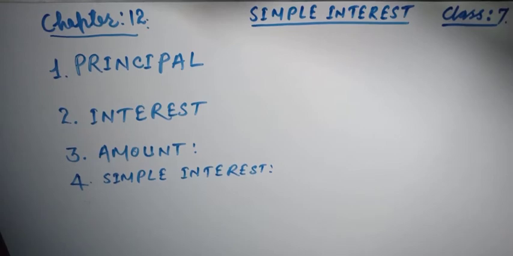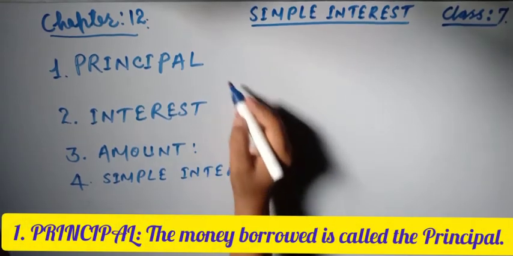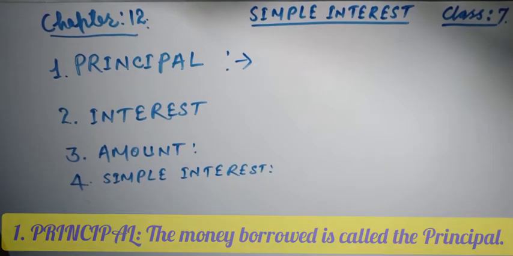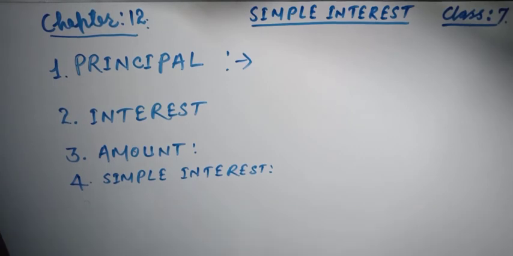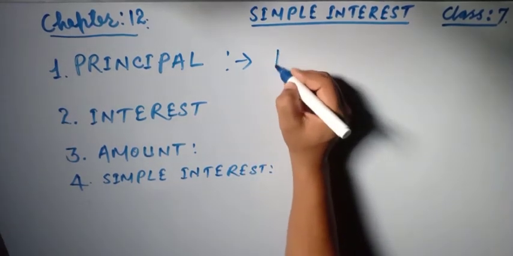First, what about the principal? Now see friends, the money borrowed is called the principal or the sum. So another name of principal is sum. The person took a loan from another person, so this borrowed money is known as the principal. It is denoted by capital P, friends.